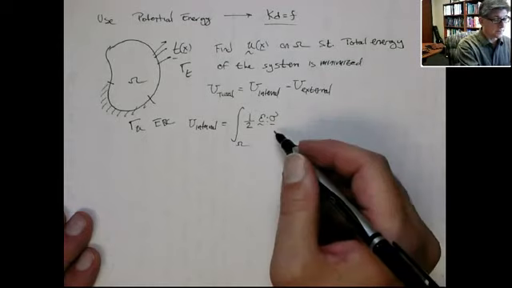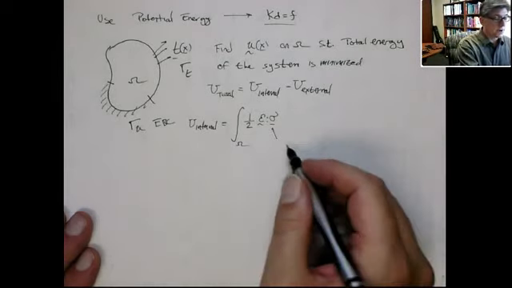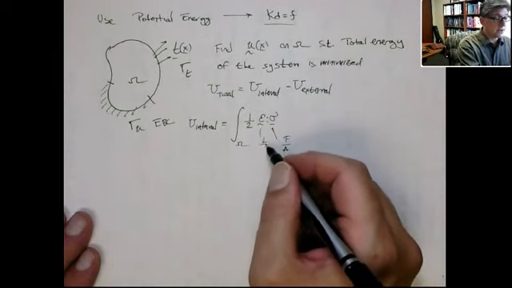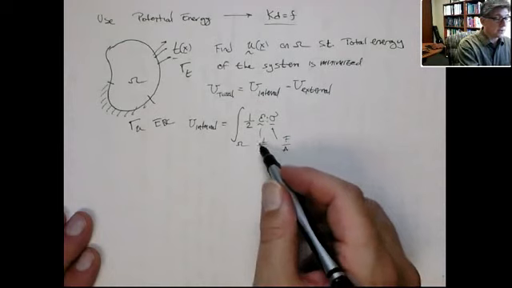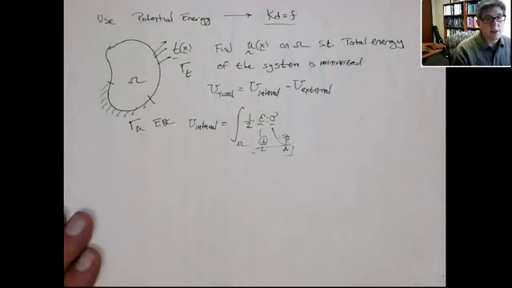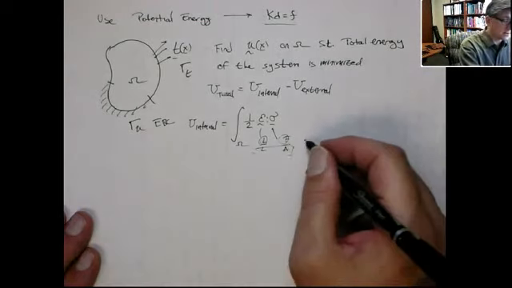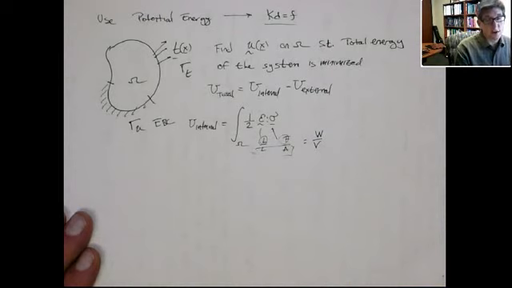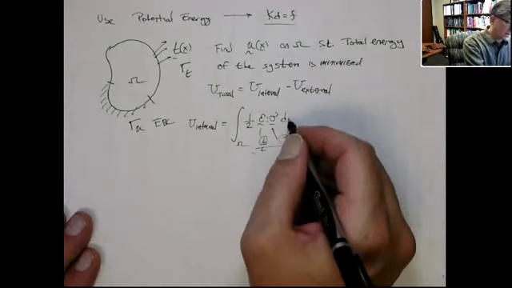So if you think about it, stress is a force per area. The strain is a change in length over a length. So here we have a force times a distance, that's a work, and there's a length times an area, that's a volume. So this basically gives us the work or the energy per volume. Okay, it's the strain energy per volume. All right, and we're going to look at that over the whole domain.